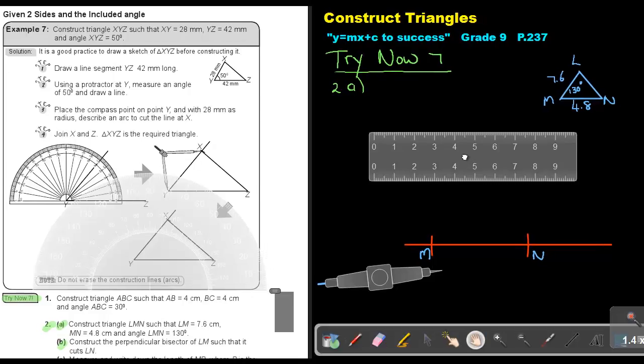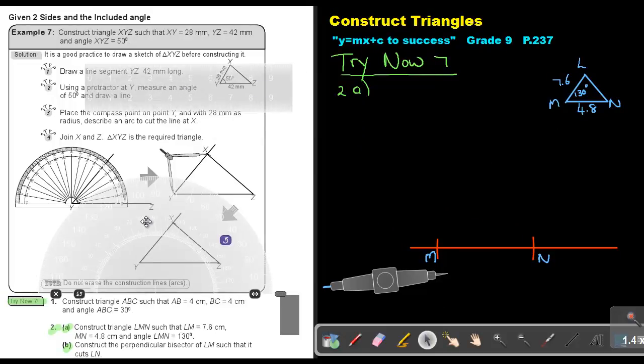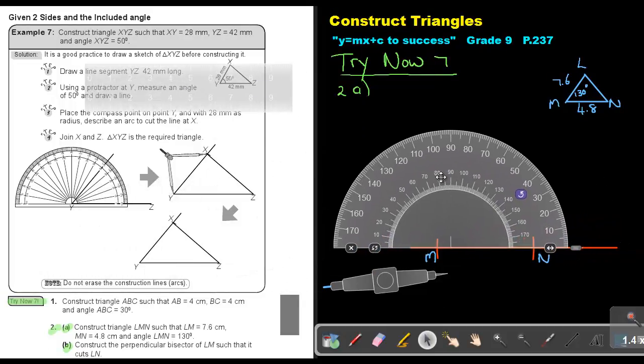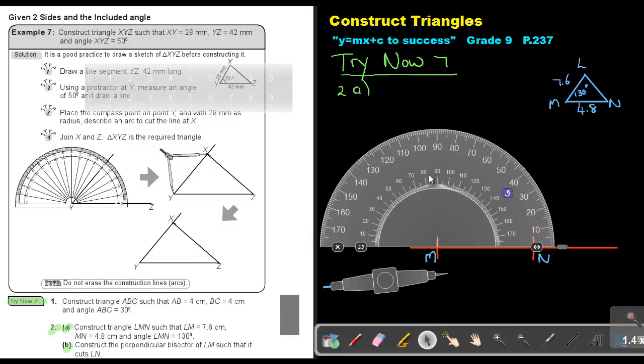Now I'm going to first take my protractor. Sorry, just moving the ruler. So put it exactly there on M, the center on M. Now, I must make this one 130 degrees. Okay, so I'm just going to show you. Oh, it's still not 130.